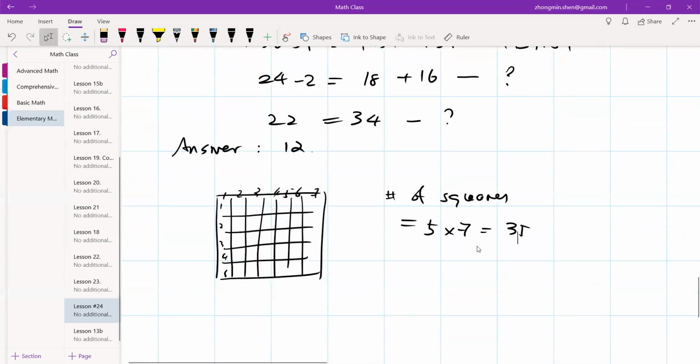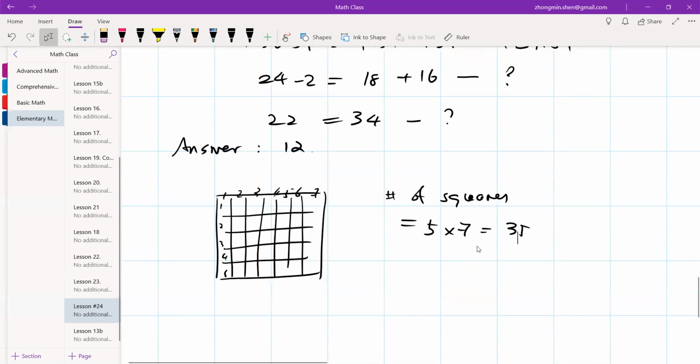This is also the motivation, the reason for how we define the area. The area really means how many squares there are. Suppose those squares are unit squares, 1 by 1, and you have a rectangle like this. On the vertical side, you have 5 squares; on the horizontal side, you have 7 squares.